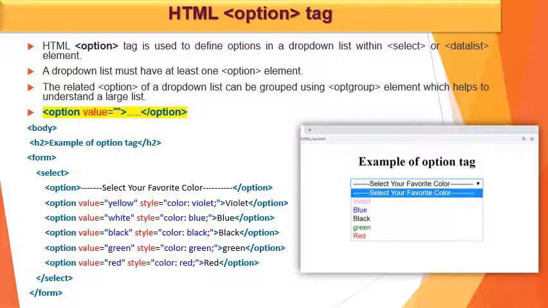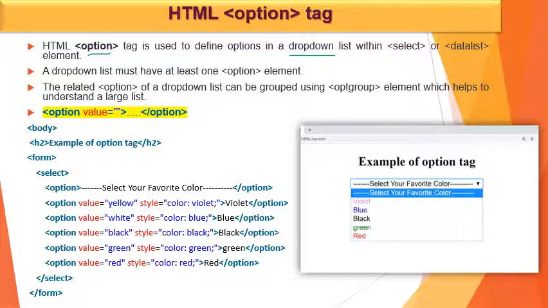The next is the HTML option tag. The option tag is used to define the options in the drop-down list with the select or datalist elements. See here, the option tag is used to define a drop-down list. This is very important.